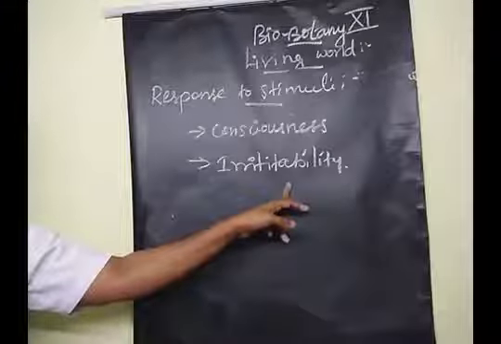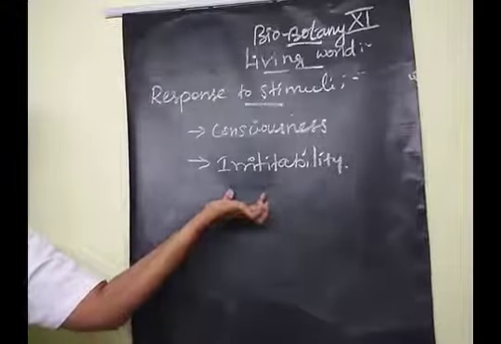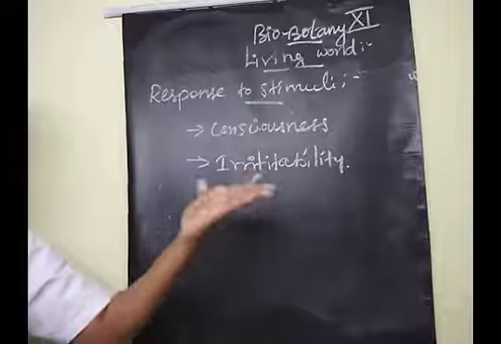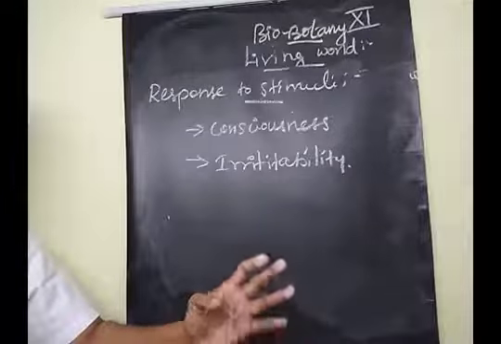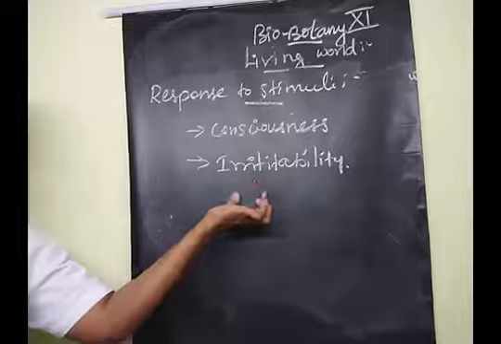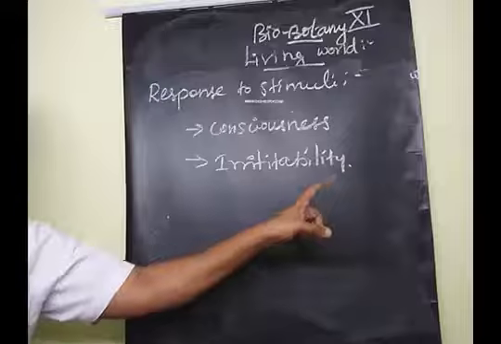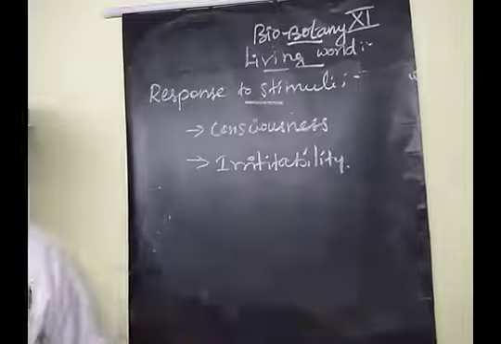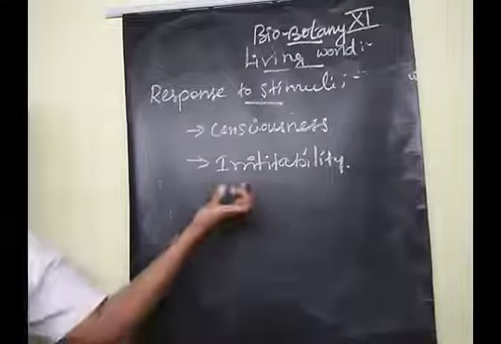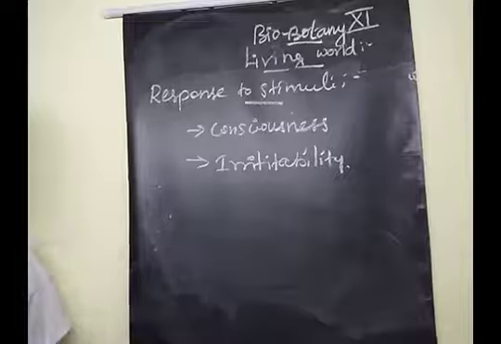Irritability means plants also respond to stimuli. At that time sudden changes occur, and that type of change is called irritability. I am going to tell some examples here.